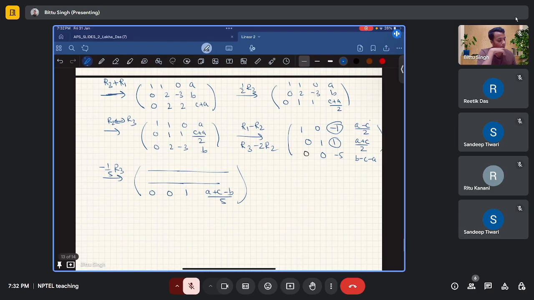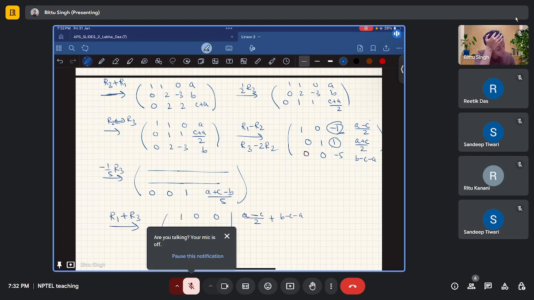The next step is to cancel this 1 and this minus 1. We'll apply R1 plus R3, so that we are getting 1 0 0 here. We'll also get a minus c by 2 plus b minus c minus a.